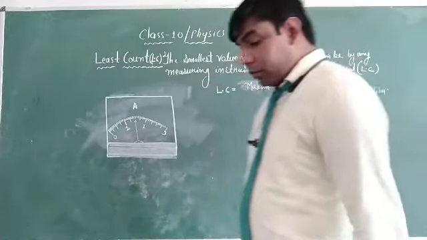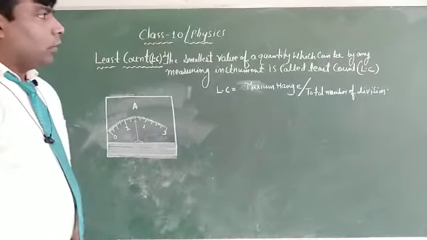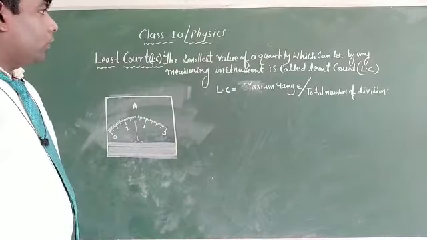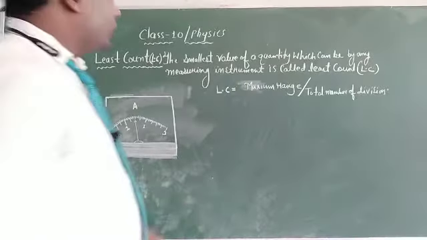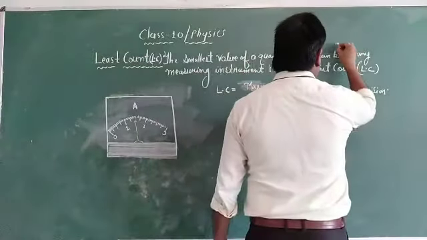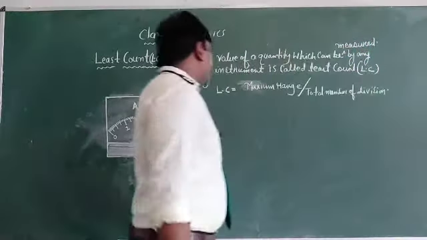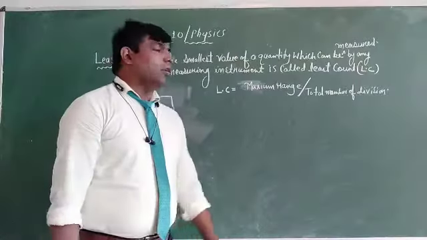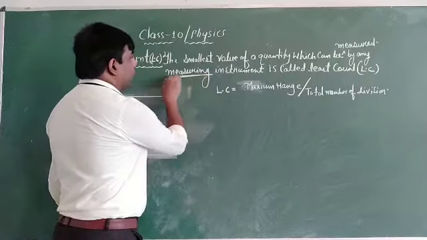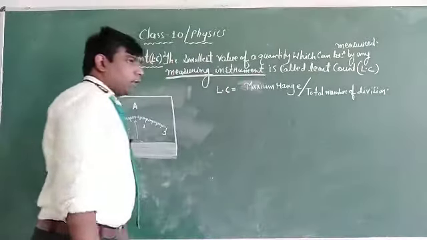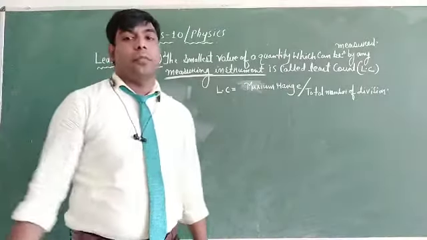The smallest value of a quantity which can be measured by any measuring instrument or device is called least count, right? That is, we need a measuring instrument or device, and the smallest measurement which can be done with that instrument is called your least count.